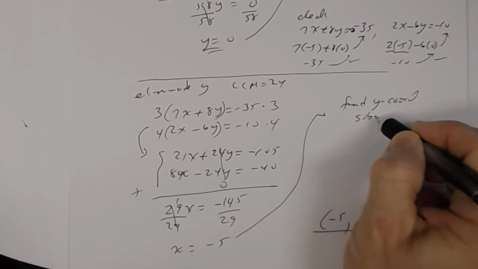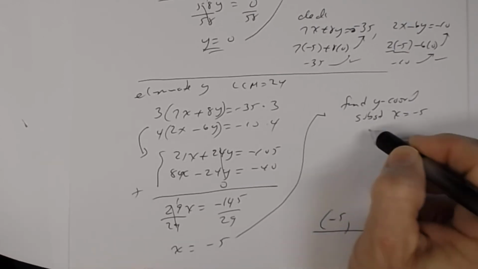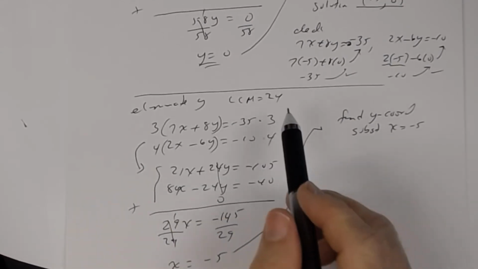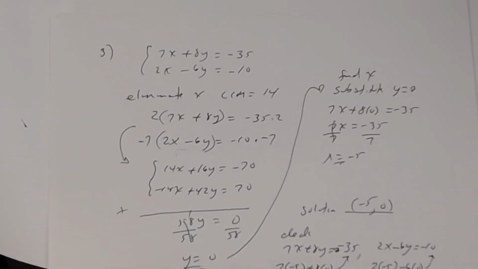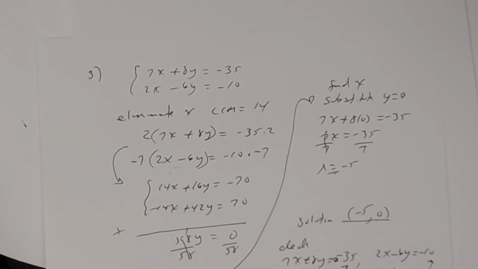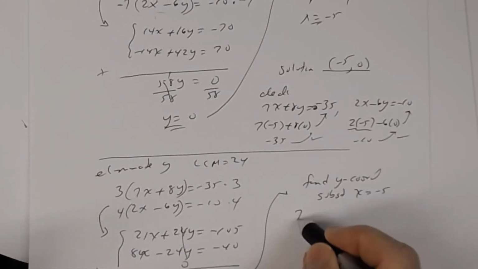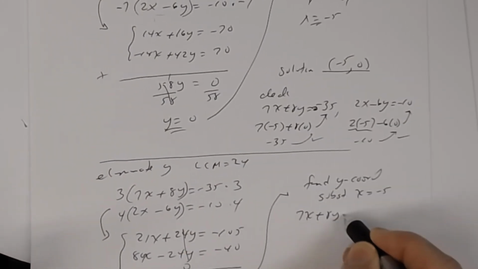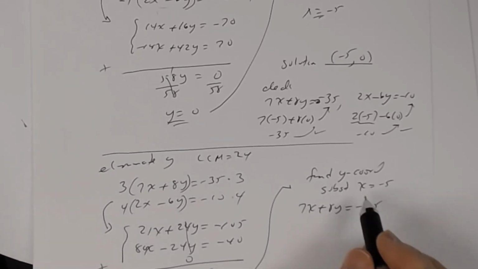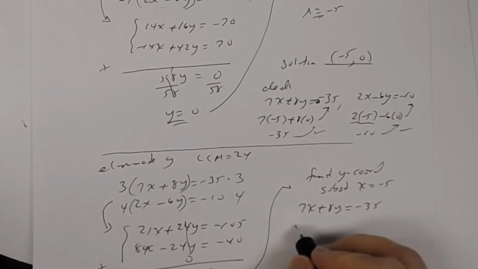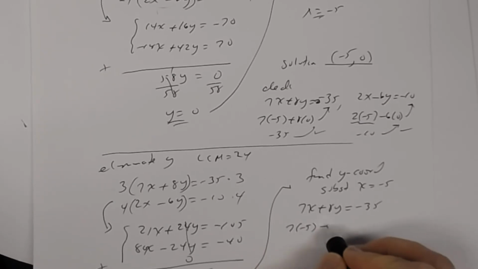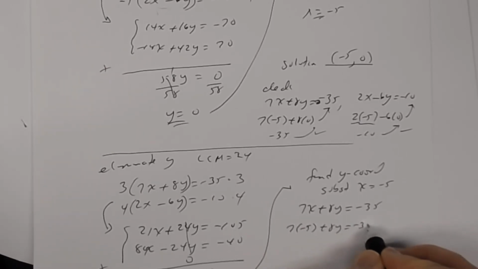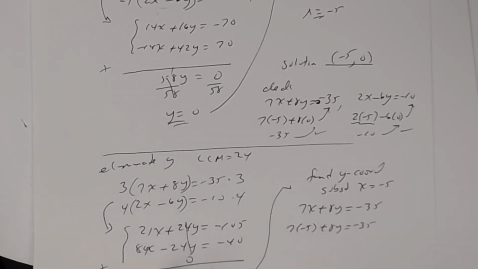So to find the y coordinate, you're going to substitute x equals negative 5 into one of these original equations. It does not matter which one. I'm going to use the first one again. So 7x plus 8y equals negative 35. So where we see the variable x, I'm going to substitute negative 5. So 7 times negative 5 plus 8y equals negative 35. 7 times negative 5 is a negative 35.